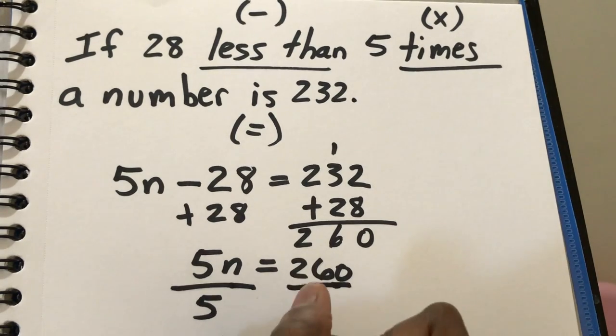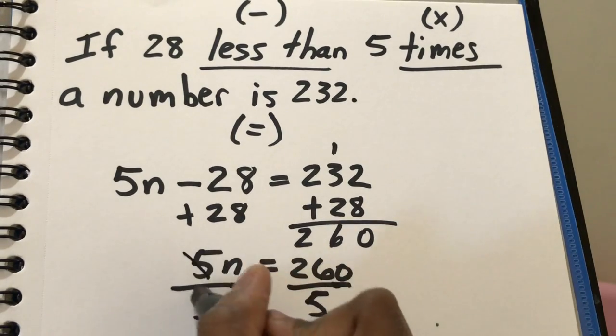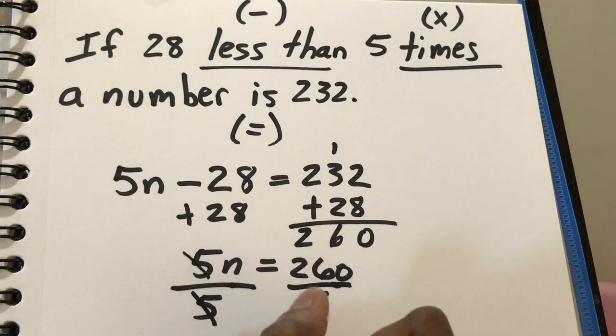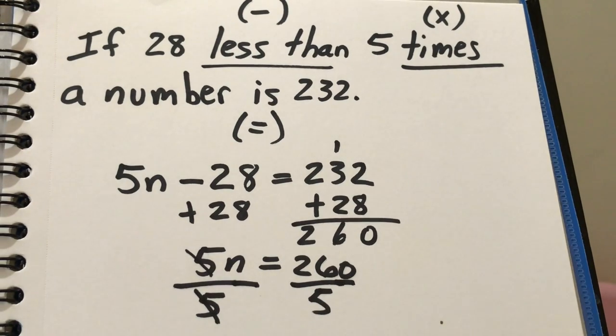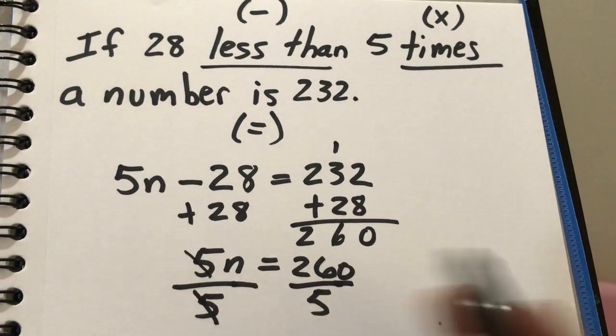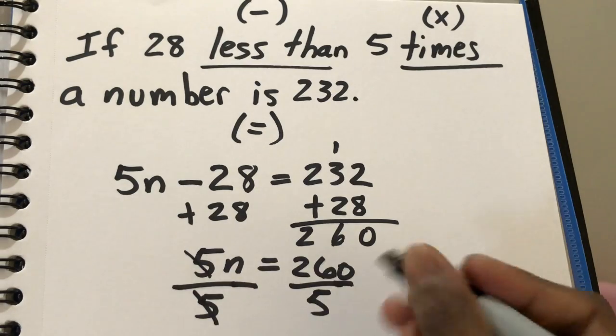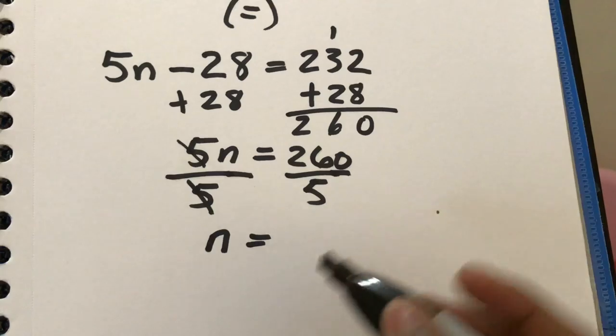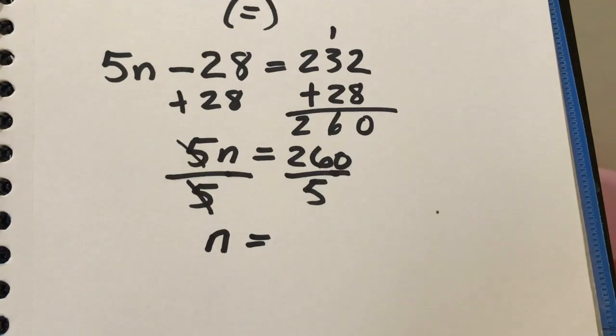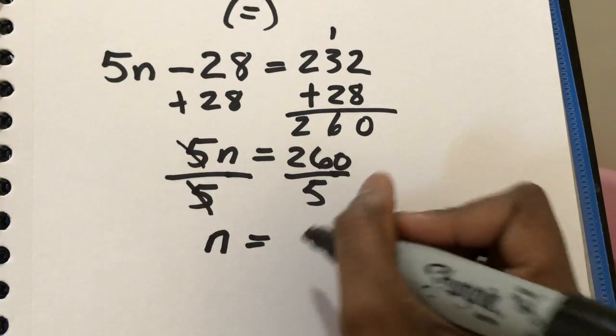That gets n to stand on its own. So 5 divided by 5 is 1. So we have 1n, and that can just stand as n. You don't need to put the 1. We know it's there, but we don't have to actually put it. So n equals 260 divided by 5.